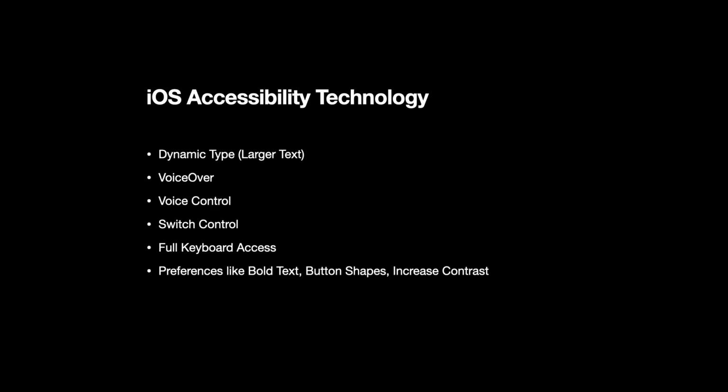Next is VoiceOver. This is Apple's screen reader. On iOS, it also includes a gesture-based focus system and rotors. Voice control. It's an on-screen overlay that identifies user interface elements with either numbers or names, and it lets users talk to their device to interact with those on-screen elements.